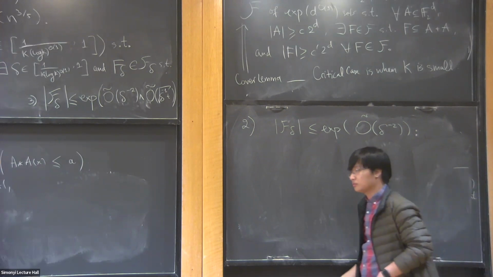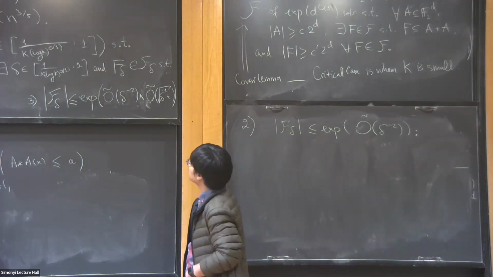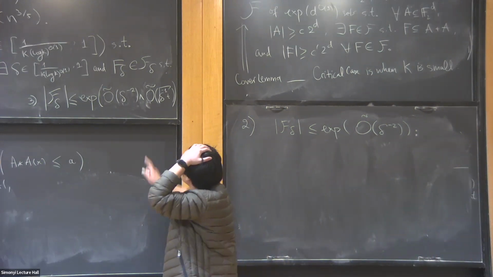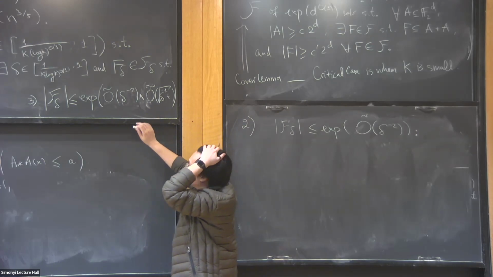The upper bound of F delta is exponential in what is the sum of these two? Oh, it's a minimum of these two. Minimum. Yeah, yeah.